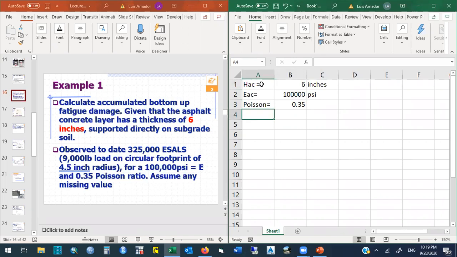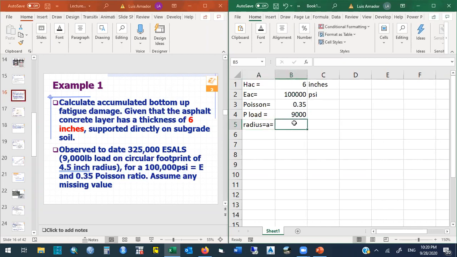We have the P load, which equals 9,000 pounds. The radius, I'm going to call it A, just for those of you who are in the other class, you know what I'm talking about, and this is going to be 4.5 inches.